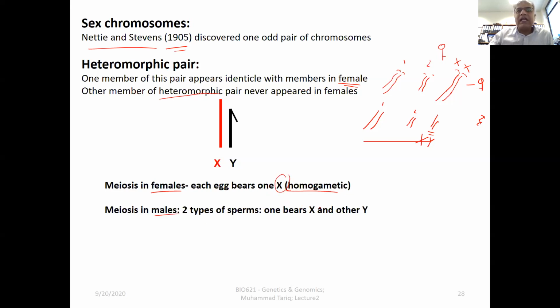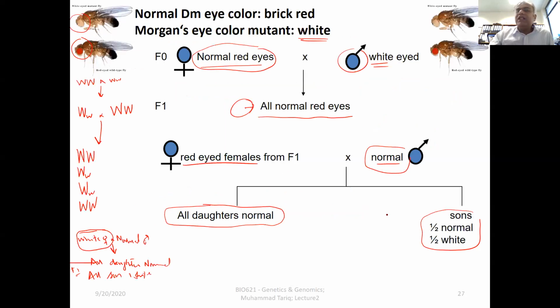But in case of males, they are heterogametic because one gamete will be an X, the other will be a Y. So Morgan's lab thought that the gene is most likely on the X chromosome. So they said, okay, let's now put it here.